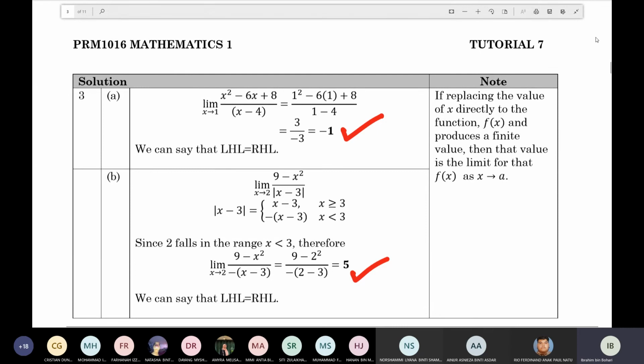Okay. Question 1 to question 10. Ada soalan. Saya buka soalan untuk limits and continuity.